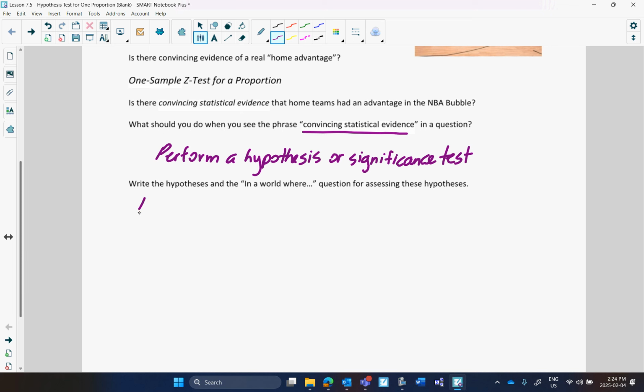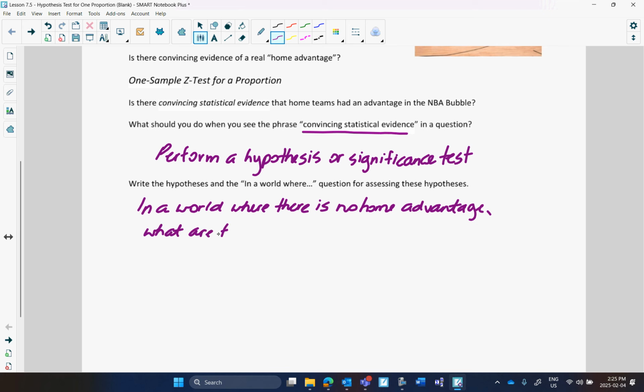So remember what we said in this situation. In a world where we assume there is no home advantage, that's the assumption, that's the null hypothesis, what are the chances the home team wins 56%?